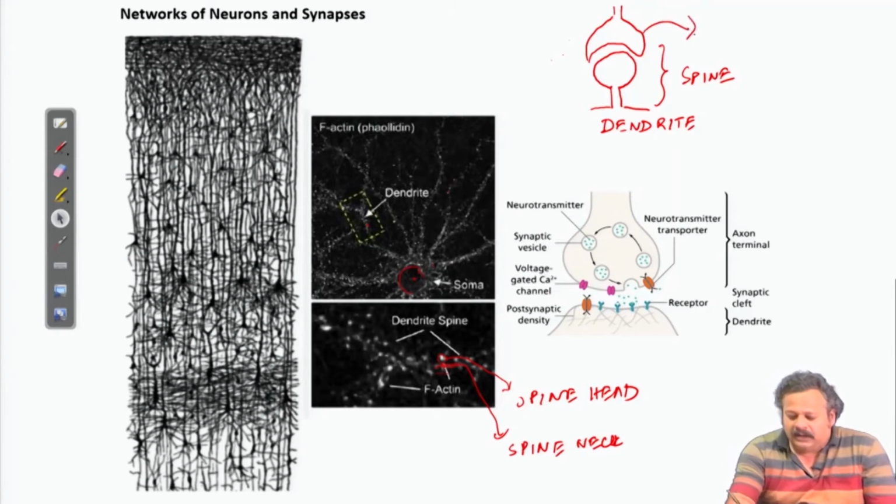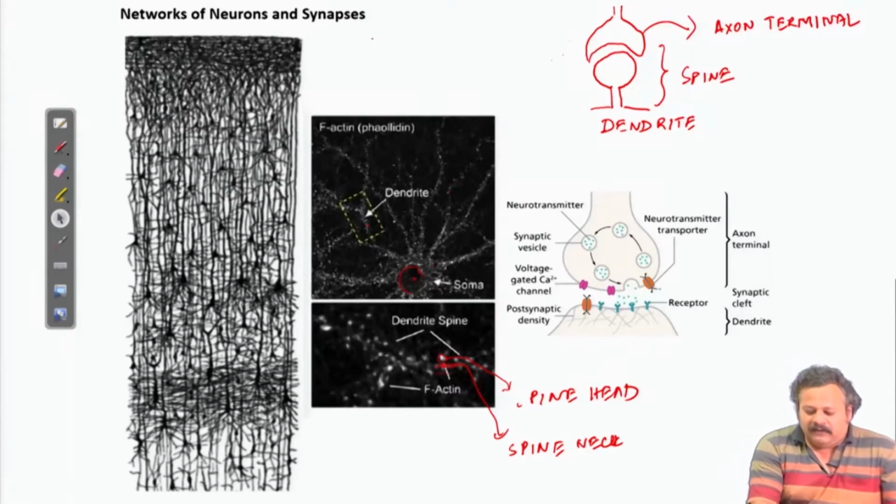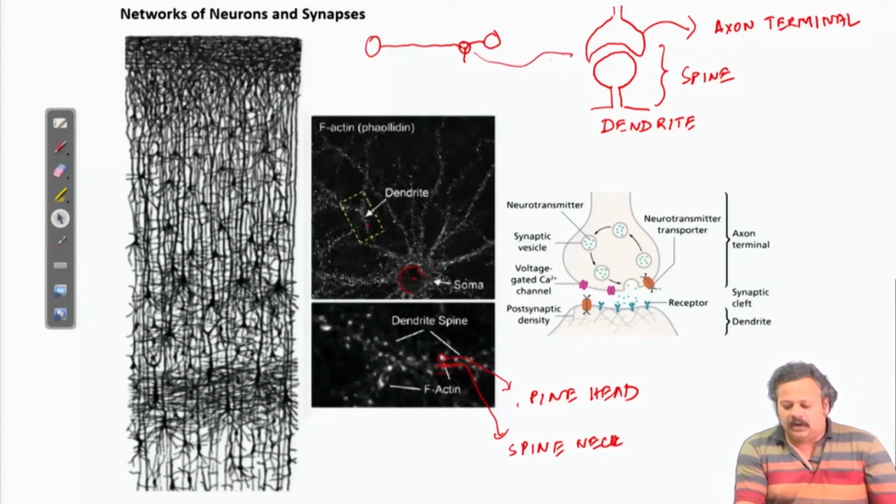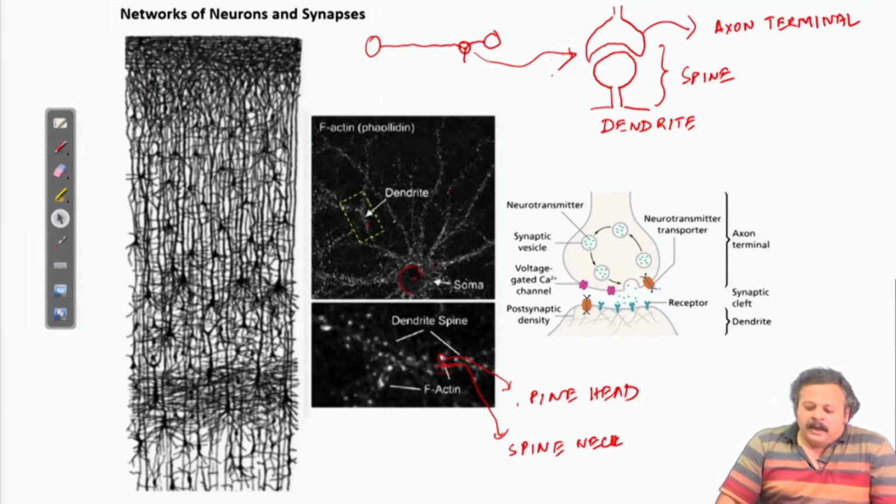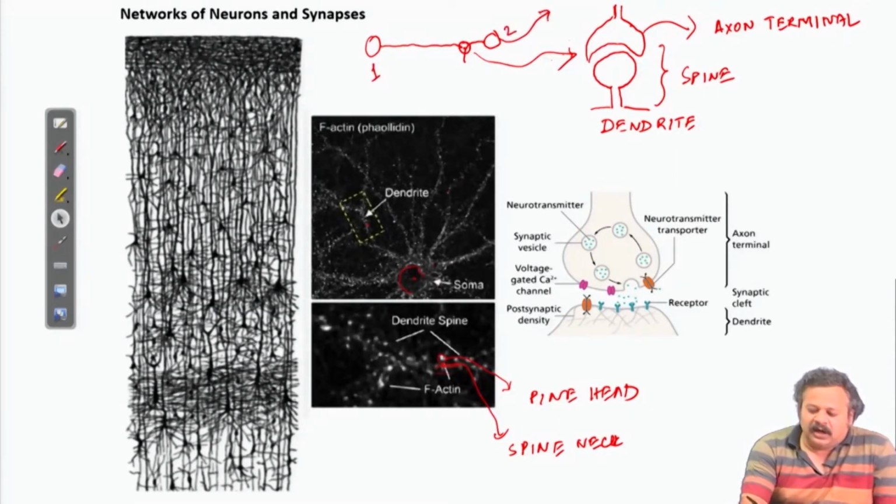This part is the axon terminal of the previous stage neuron. So if we have a neuron here whose axon is going, and then we have a neuron here whose dendrite is here with a spine at this location, and this neuron is making a synapse with it, this particular region is what is drawn here. This side is the first neuron, neuron 1, and this is neuron 2, and its axon is going out here.